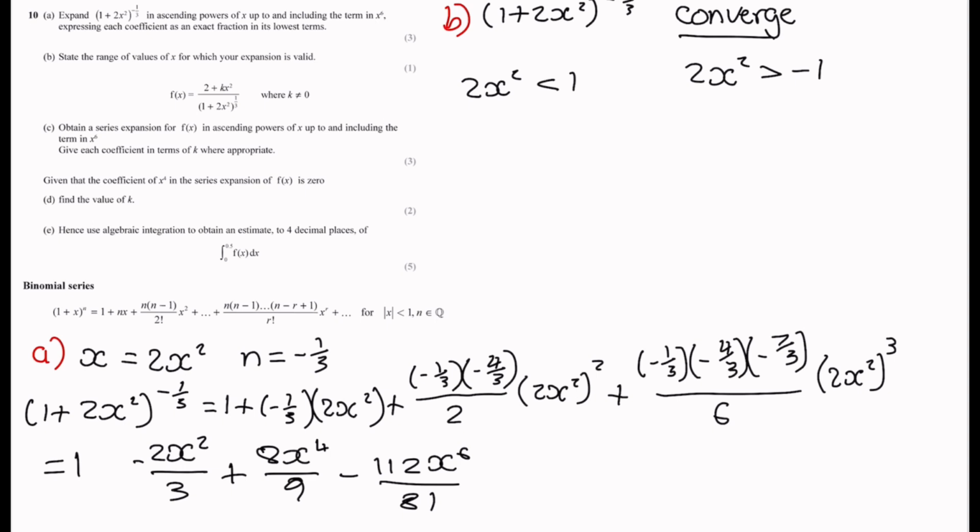So we can rearrange this to say x is less than 1 over root 2, and x is greater than minus 1 over root 2. And you can write that as one inequality, so therefore x is less than 1 over root 2 and greater than minus 1 over root 2. So it's all about making this part of the expansion less than 1 and greater than minus 1, so that our expansion converges.